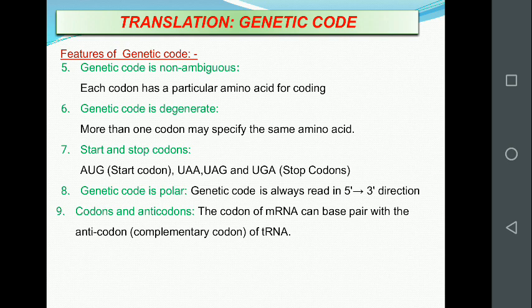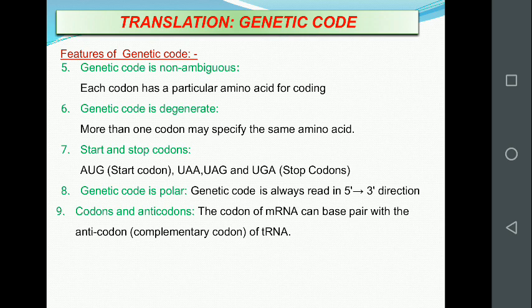So more than one codon may code for the same amino acid; that is known as degeneracy. Then start and stop codons: AUG is the start codon, and UAA, UAG, and UGA are the stop codons. These stop codons cannot specify any amino acid, so they cause the termination of the translation process.